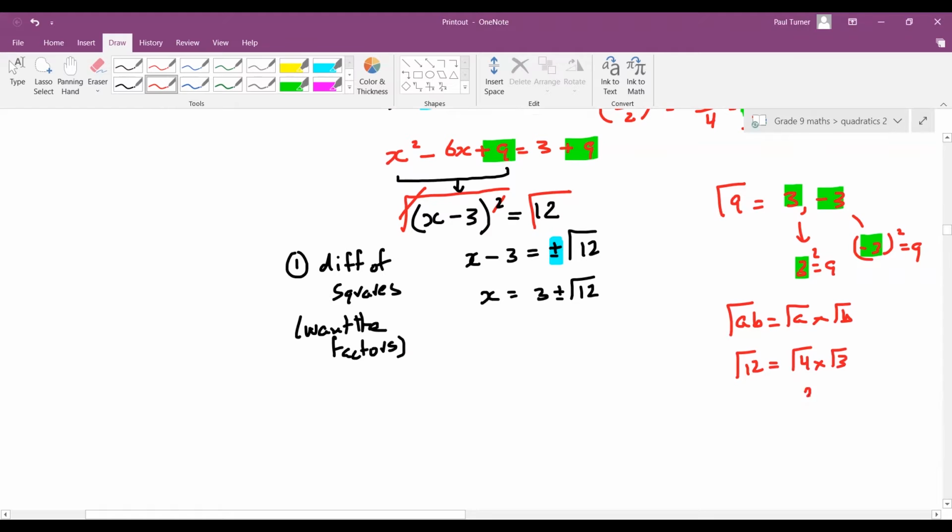And root 4 is 2, so root 12 is 2 root 3. So we can change this to 3 plus or minus 2 root 3, which looks a bit better. And then you can write that as a decimal as well if you want. I don't have my calculator, so you can calculate that yourself. So this is if you're using the algebraic method.